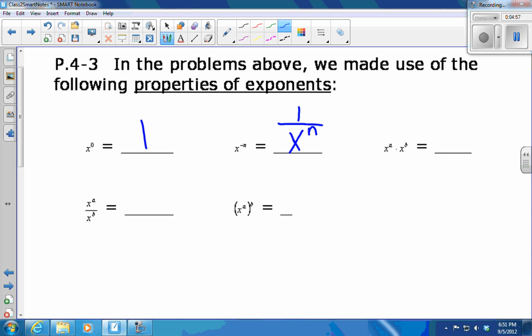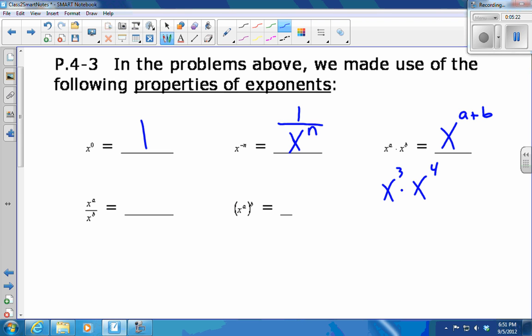Now, x to the a times x to the b, how do you deal with that? X to the a plus b. Yep. If you ever forget one of these, you can refigure it out really easy. Like, let's pick x cubed times x to the fourth. And the question is, shoot, do I multiply those exponents or do I add them?